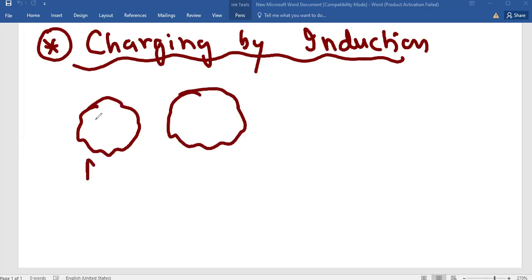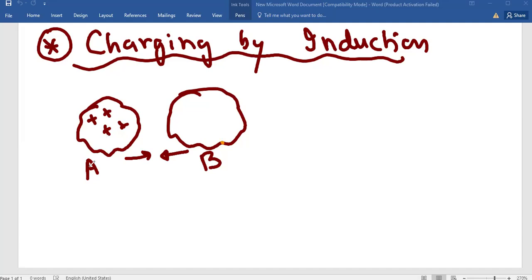So let's say object A is positively charged and B is neutral. What we will do is place them very close to each other, but we will not touch them. Now when they are placed very close to each other, electron redistribution takes place inside B.